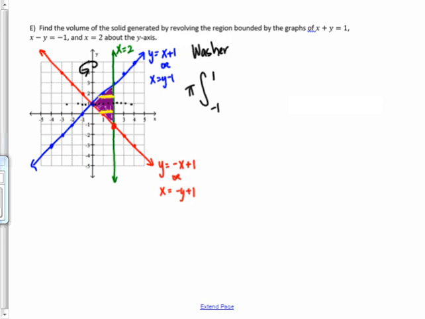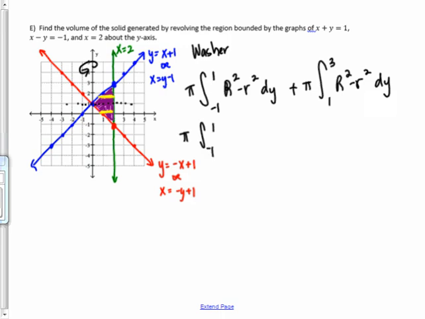And then the other one is going to go from 1 up until this top part where the blue and the green intersect at 3. All right, so let's figure that out.